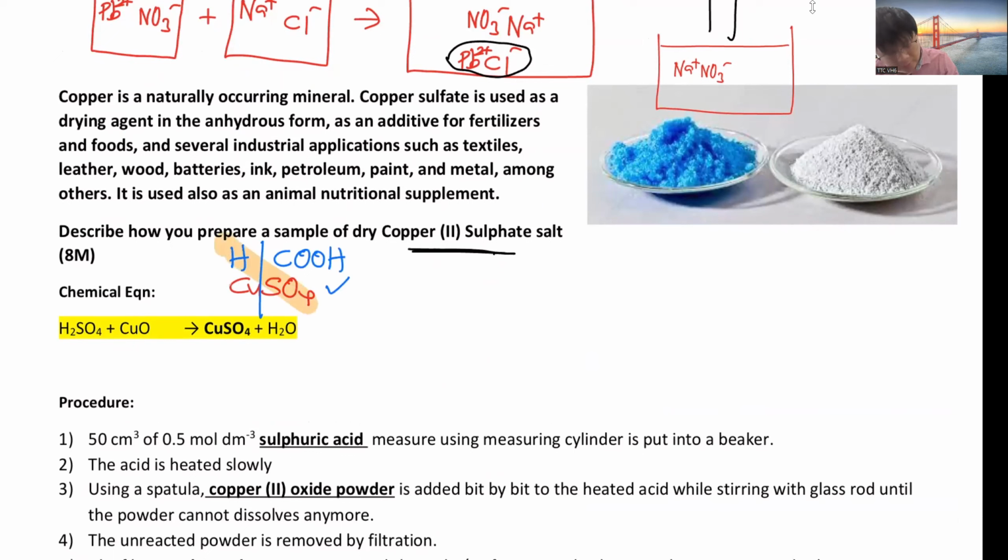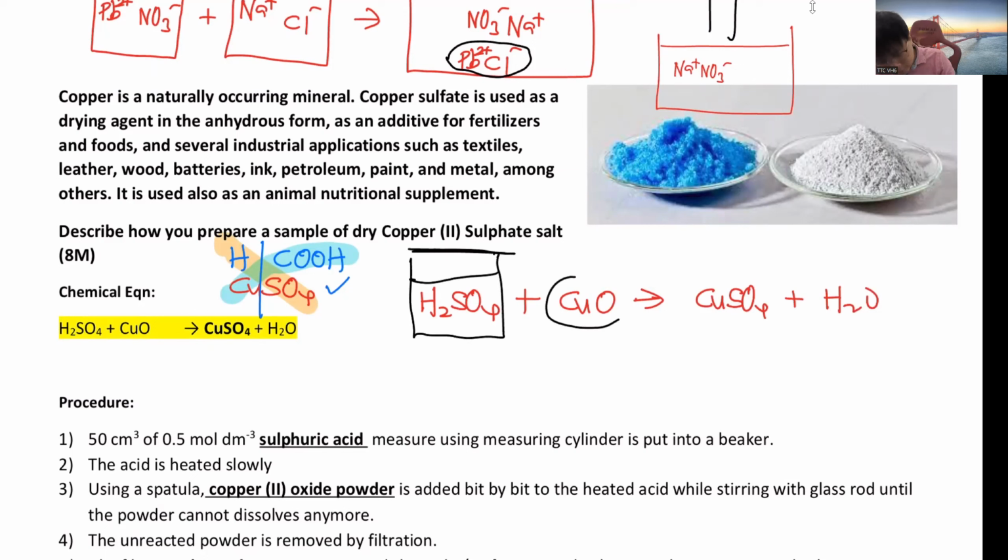So the first acid needed will be H2SO4, plus, as I said, the best you choose oxide. So you choose copper 2 oxide. Okay, then after that, you'll get CuSO4 plus H2O. Now this is a solution, this is a solid, then this is a solution.